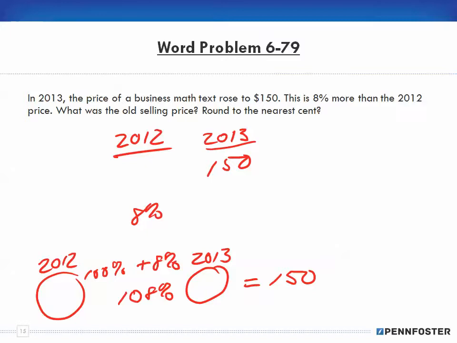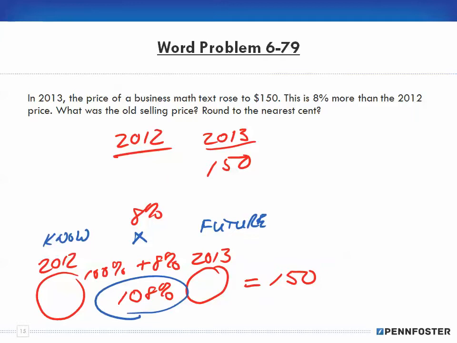The way to think about this is if we know the base year and we want to find out the amount for the future year, we multiply by the percentage.